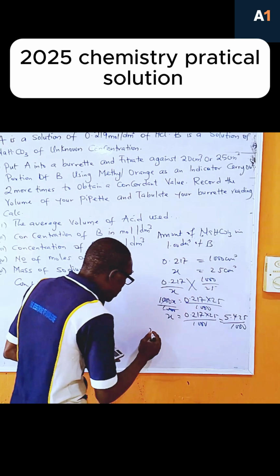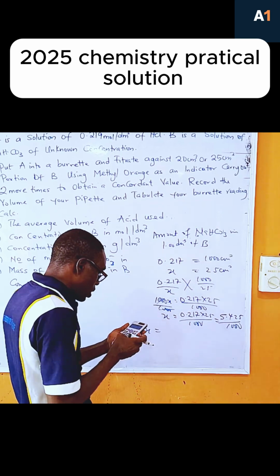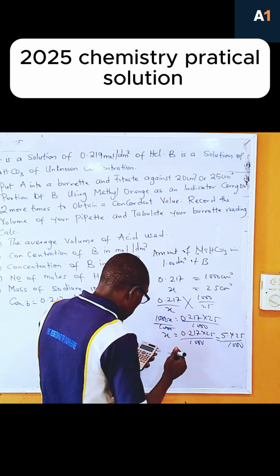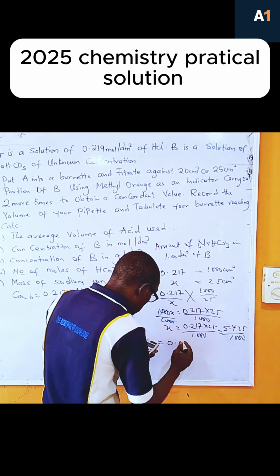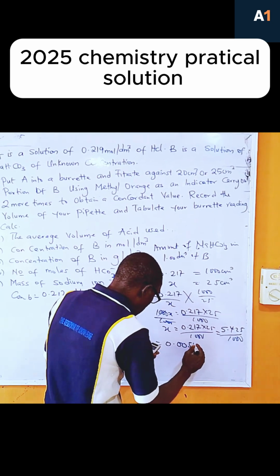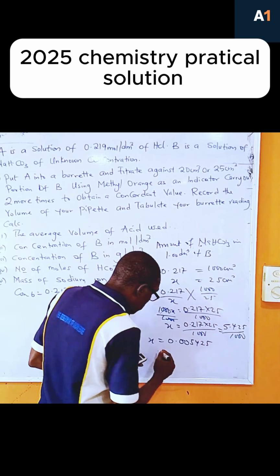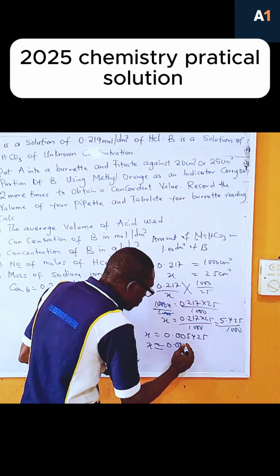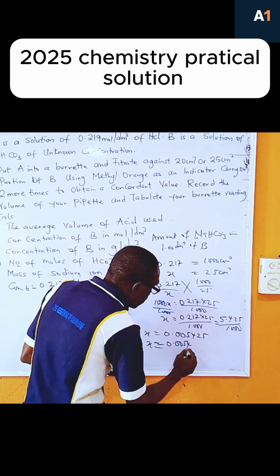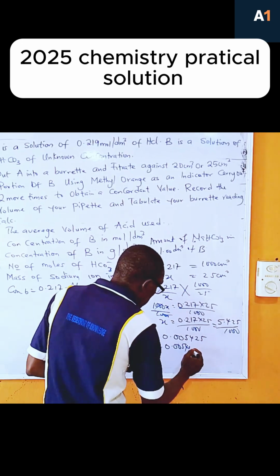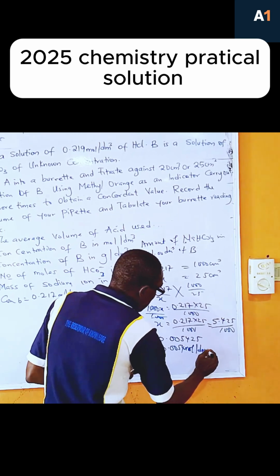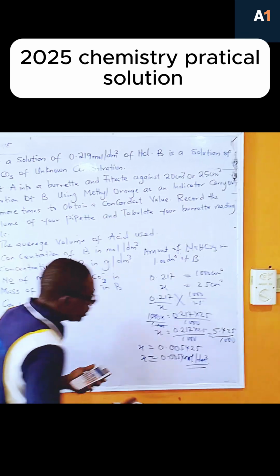So dividing this by 1000, x will give us 0.005425, which can be approximately 0.0054 mole per decimeter cube.